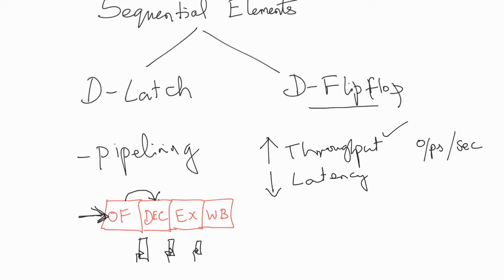Then the decode stage will pass on to the execute stage, the opcode fetch will pass on to the decode, and a new opcode fetch will come in. In the next clock cycle, execute stage will pass on to write back, decode will pass on to execute, opcode fetch into decode, and a new opcode fetch will arrive.